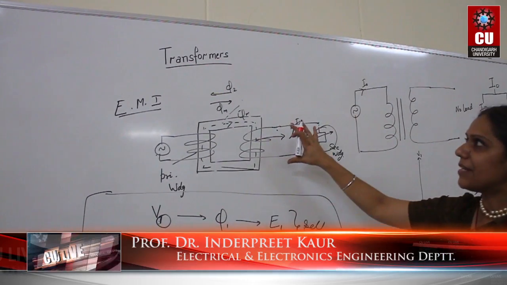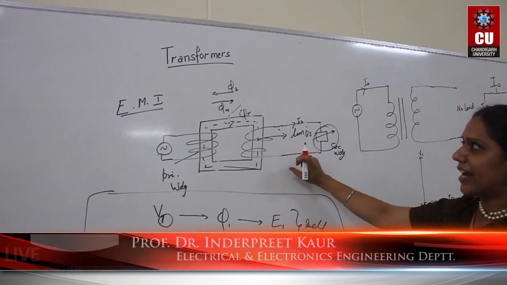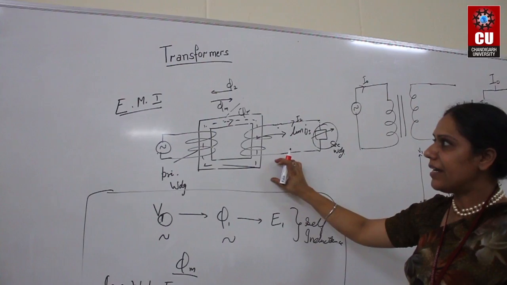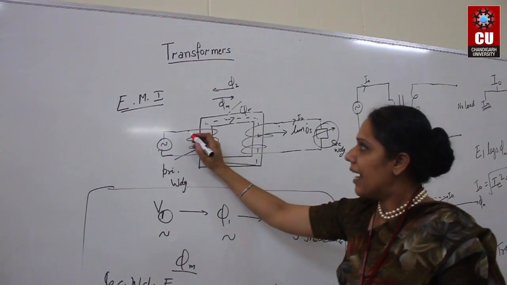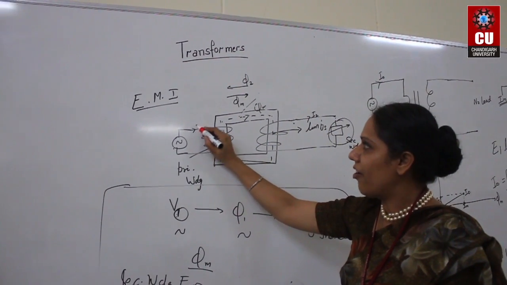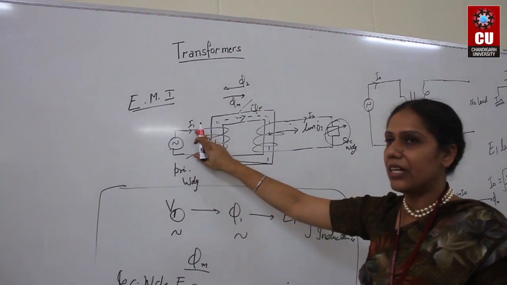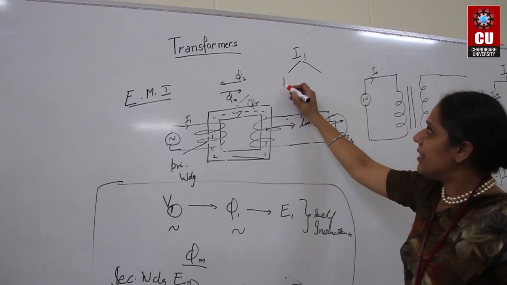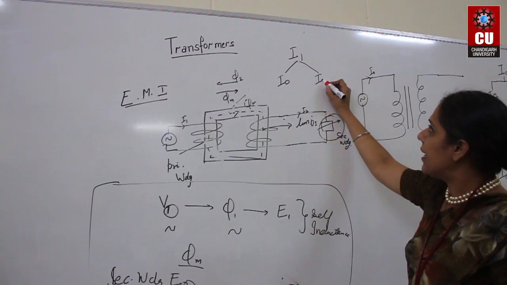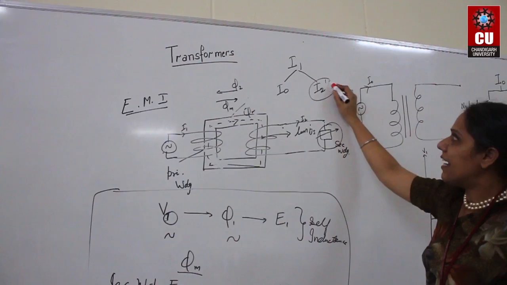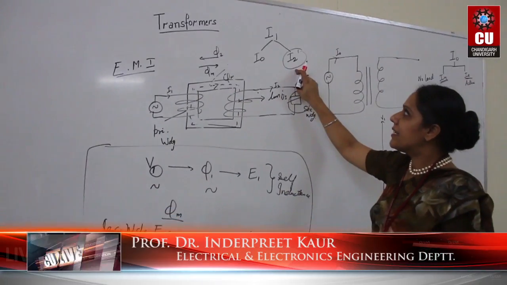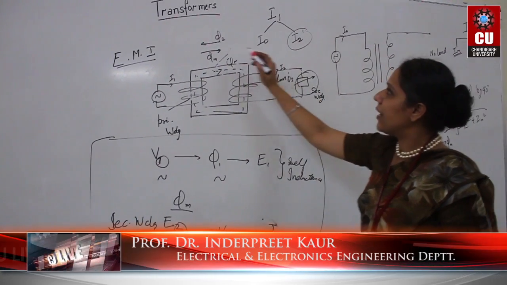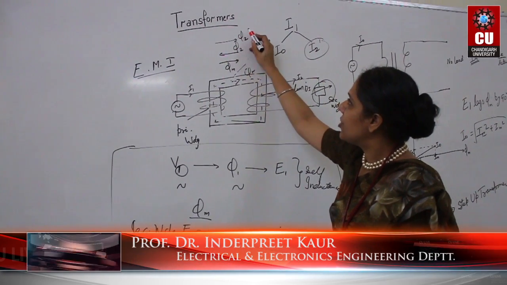But according to the principle of the transformer, it has an almost constant flux. So as to maintain a constant flux, the primary current draws more current, that is I1. I1 again has two components. One is the no load current and the other component is a current which is in phase opposition to I2, such that it cancels the flux induced due to I2, that is phi2 dash.